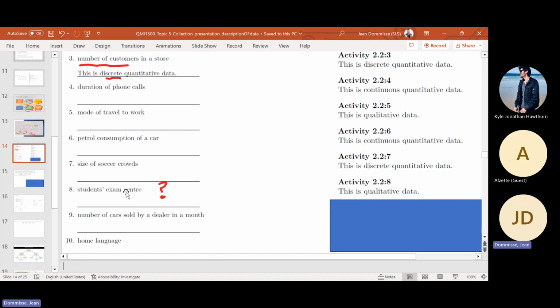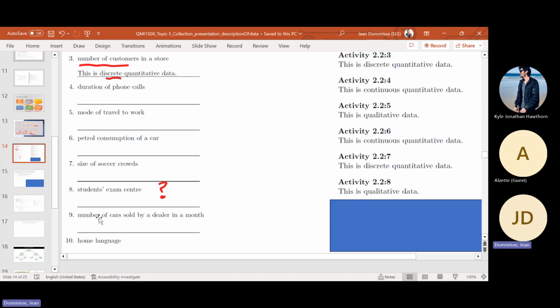I'll think about that one a bit more and come back to you as well. Okay, so it's definitely not quantitative because they didn't tell us number of or something like that. But I'll just go back and see what is happening here.